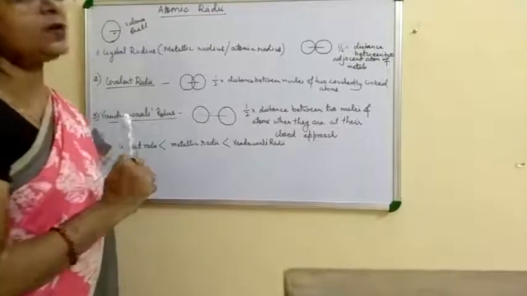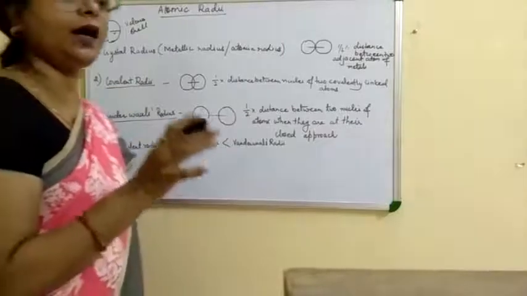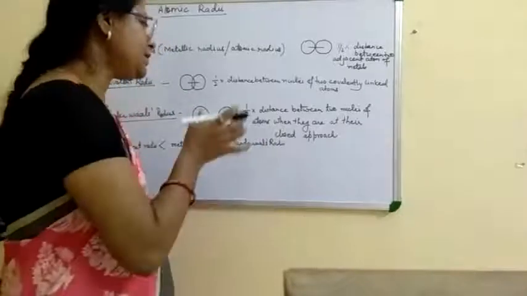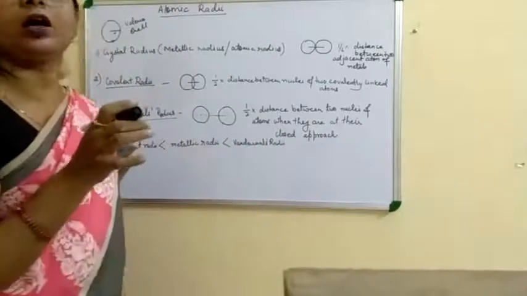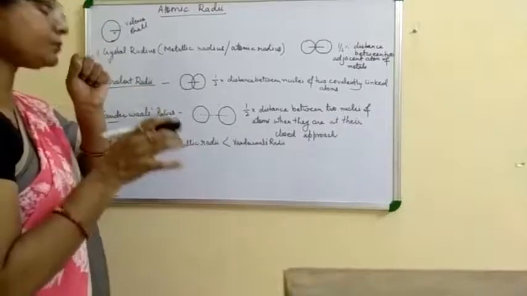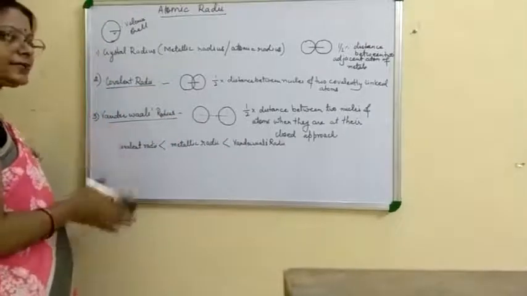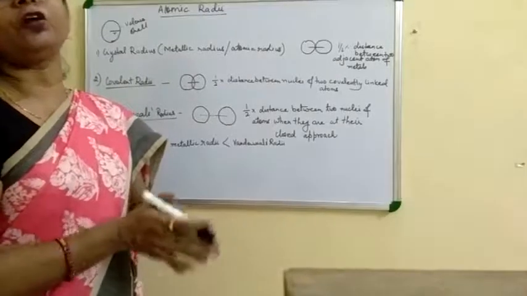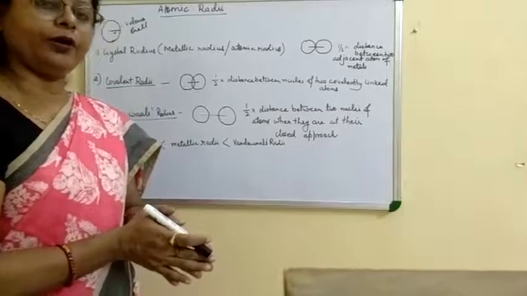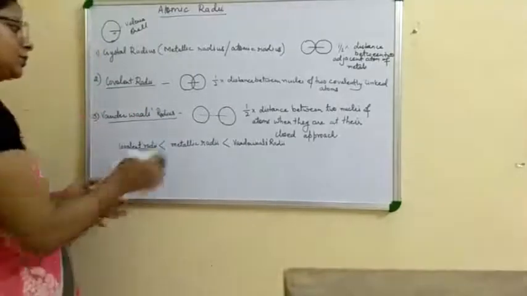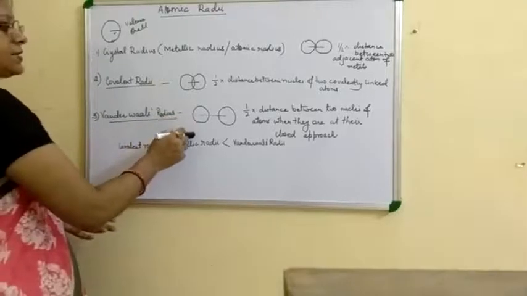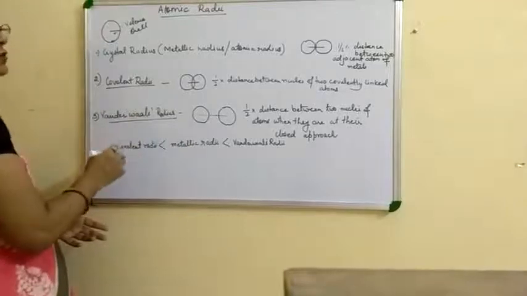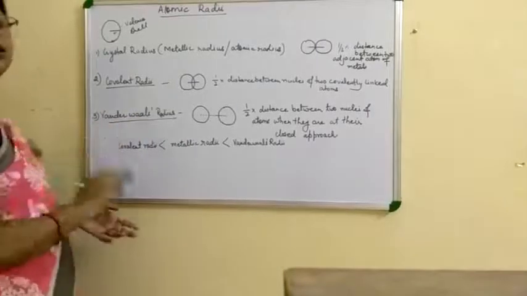Van der Waals radius is when the atoms are arranged without forming any bond. So this is half of the distance between the two nuclei of adjacent atoms when they are at their closest approach without formation of any bond. It means van der Waals radius is the largest radius and covalent radii is the smallest radii among all the three.